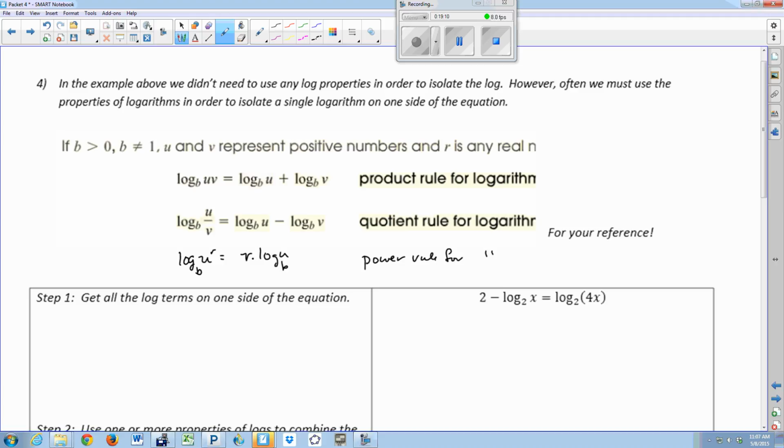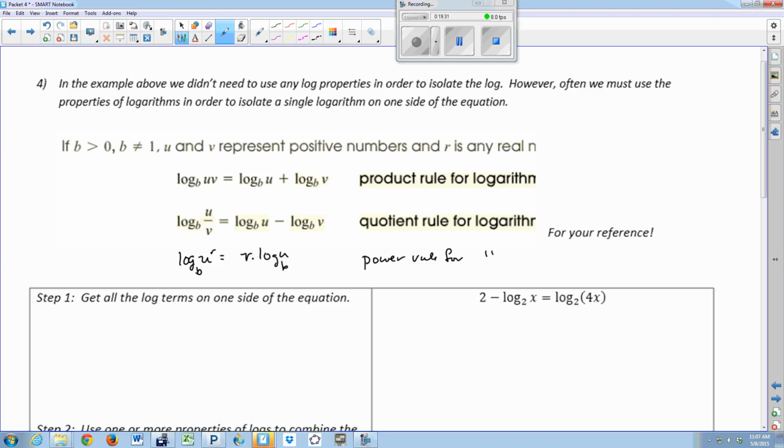Okay, so when I converted this over, we missed that. But these are the three properties that we worked on last week. And we talked about their relationship to the exponent properties. When we're multiplying two exponential expressions with the same base, we add the exponents. Here we have the log base B of a product.